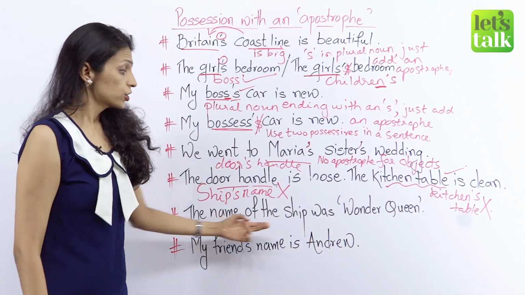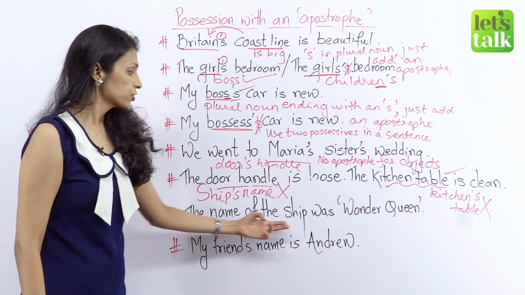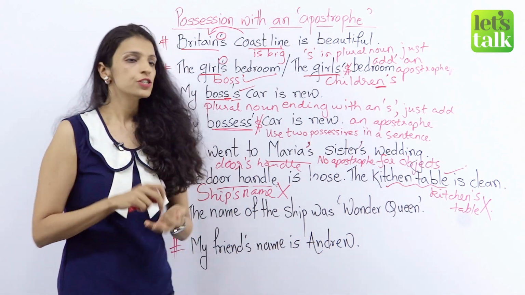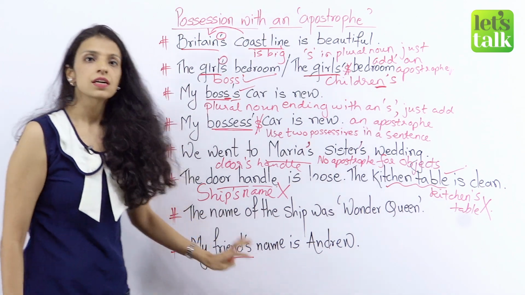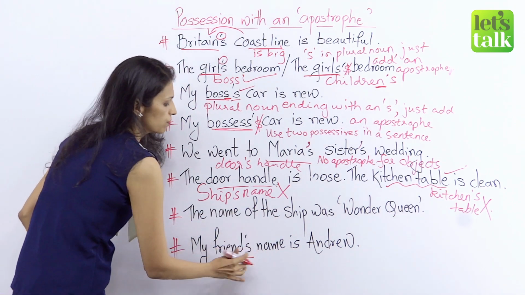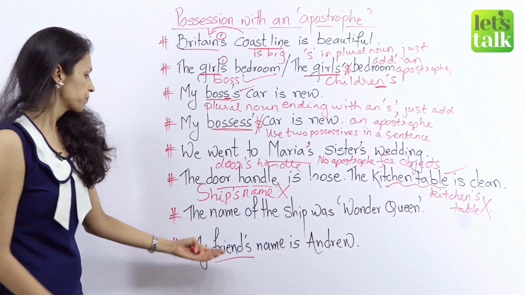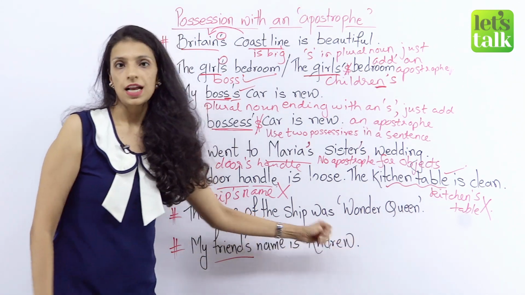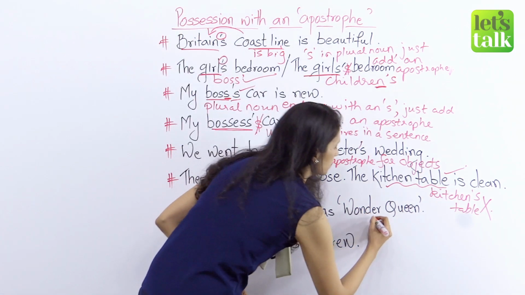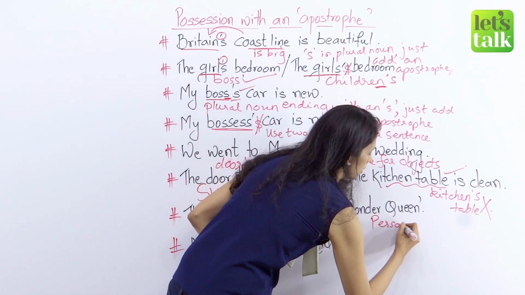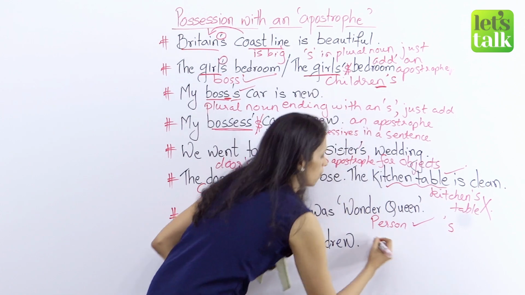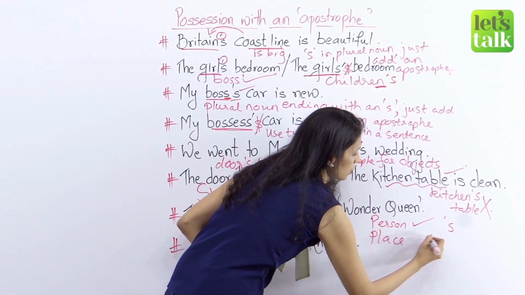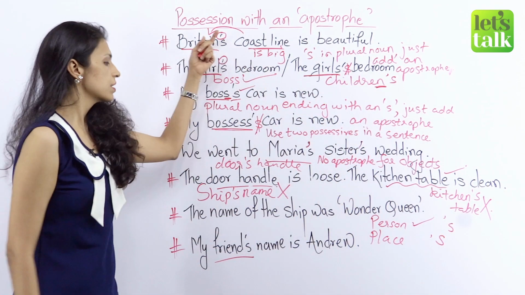So for the ship, okay, I've said the name of the ship, but when I introduce my friend to you, I say my friend's name because he is a person, and for a person, you can use apostrophe S. My friend's name is Andrew. So let's quickly see. For a person, yes, you will use an apostrophe S. For a place, you will use an apostrophe S like we did in the beginning.